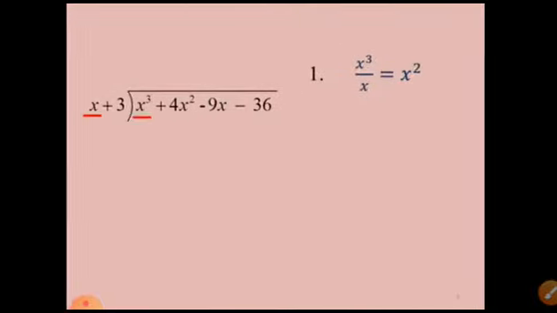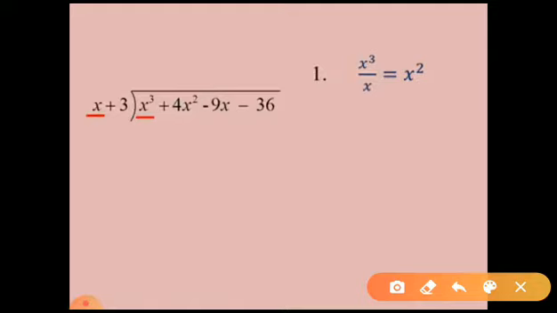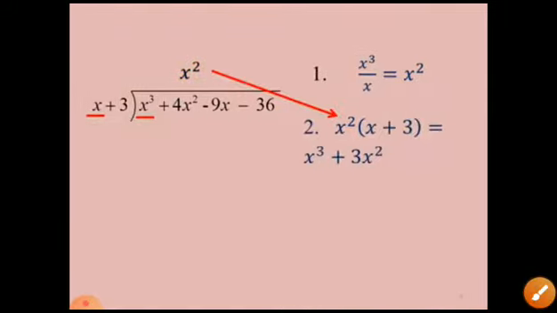So what should be done here? Which is the highest term here? Highest term means I have to consider the term with the highest power. So x cube divided by x, in this case x is the highest. So it should be x cube by x, I'll be getting x square. So x square should be written here.